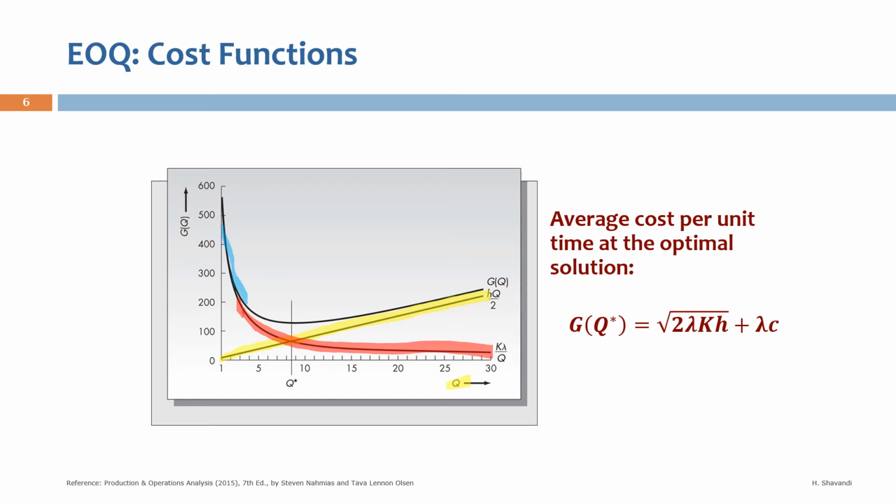And the total cost here is this curve. This is the total cost, the sum of these two components, inventory holding cost and inventory ordering cost. As you see here, this total cost is in convex form. Since it's convex, it has one critical point here, which is the minimum of this total cost function.